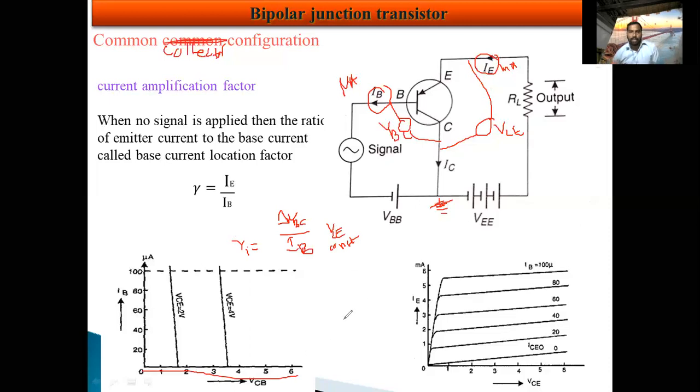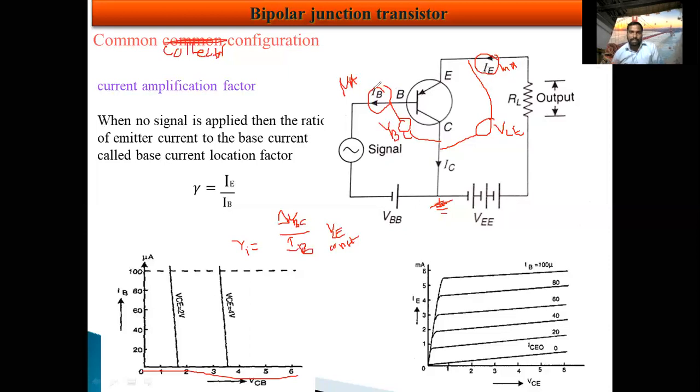Now for output characteristics, IB is kept constant using VBC. Keeping IB constant, we have to measure the IE value by varying the VCE value. VCE is varied from 0 to some value. The corresponding IE value is noted in a microammeter.